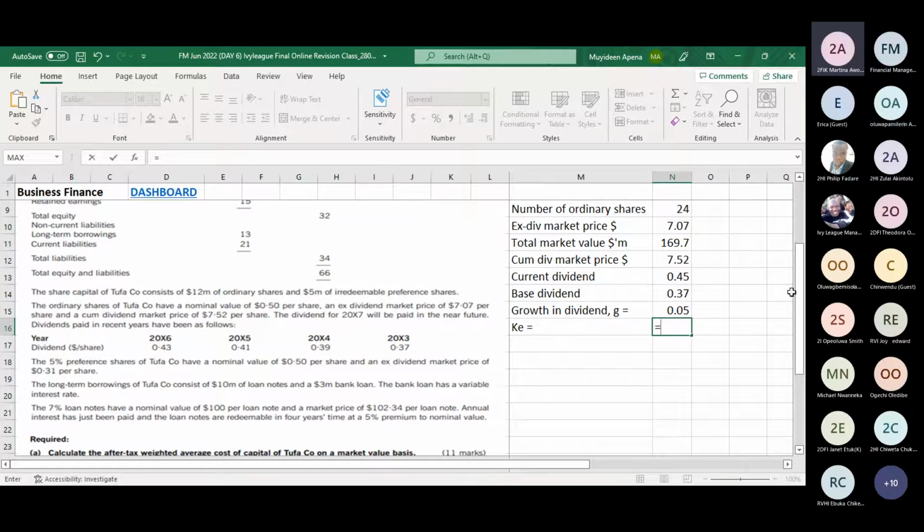Current dividend multiplied by 1 plus growth, isn't it? Divided by the ex div market price, which is 0.07? Okay, plus 5% growth. Everything plus growth.